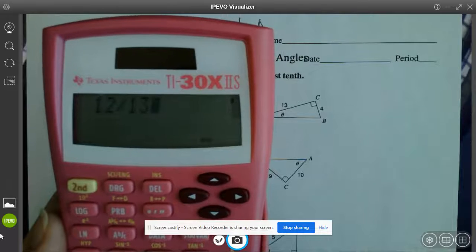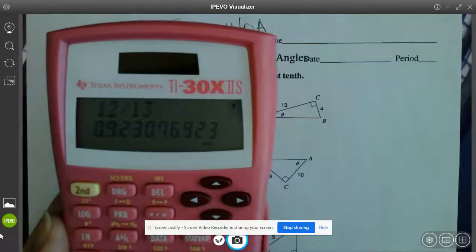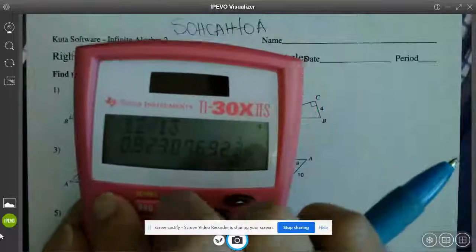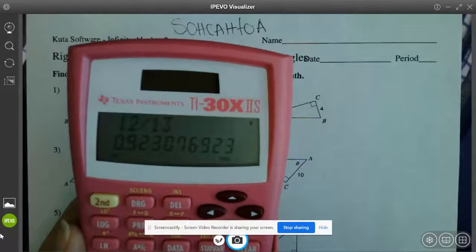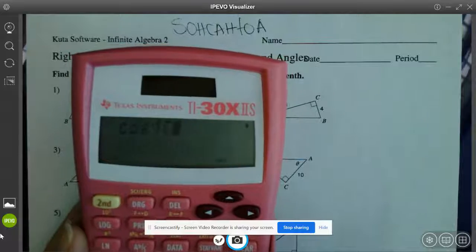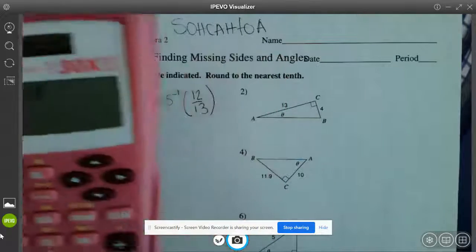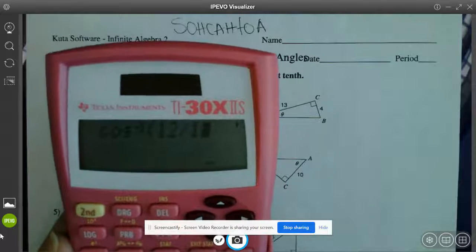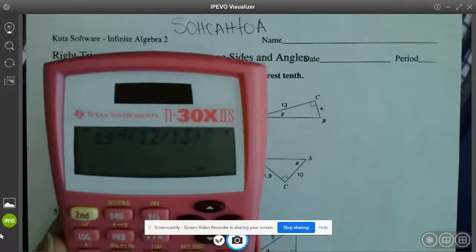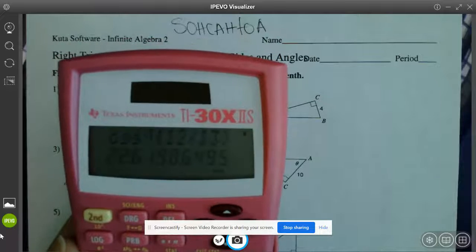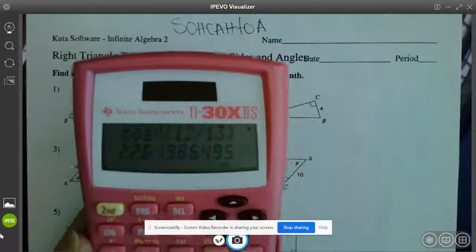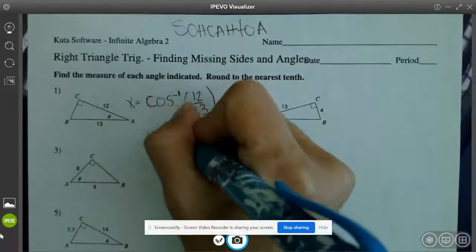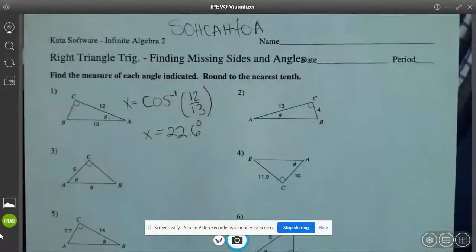Press second, then cosine of that, which is 12 divided by 13. Press equal, and that's 22.6. So that is the angle. X equals 22.6 degrees.